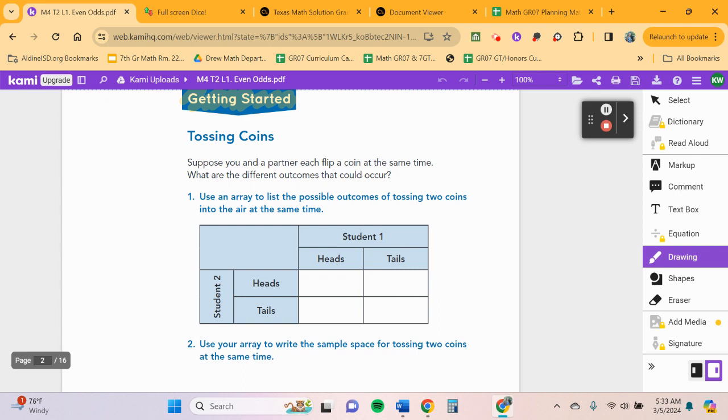So using this array below, notice that this table is actually called an array, and we're going to use this to organize our outcomes. So student one, say that's us. We have one coin, and the possible outcomes are heads or tails. And student two, let's say that's our friend.